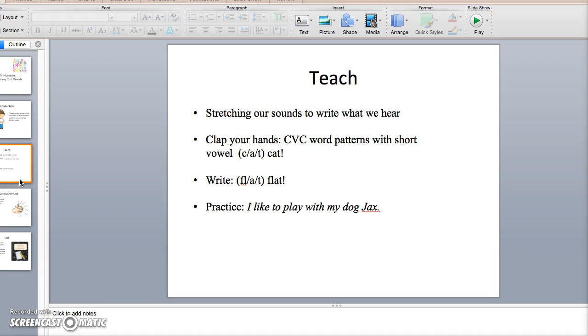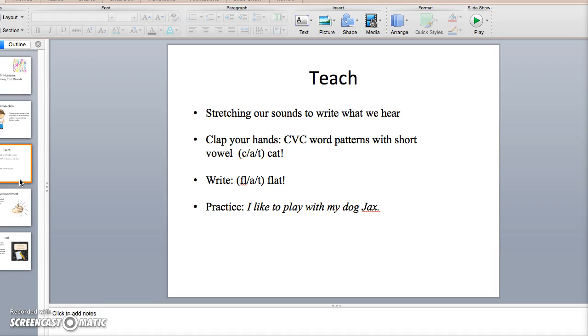J, ax. First sound I hear is J, J, A, so short vowel A, and then X for X. So I like to play with my dog, Jax. That's the end of my sentence, so I'm going to write a period.